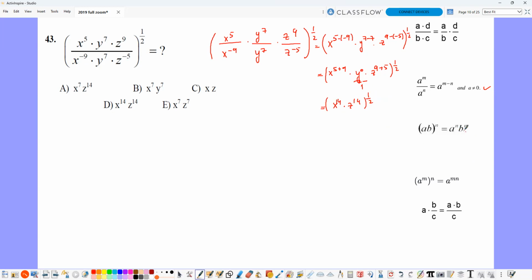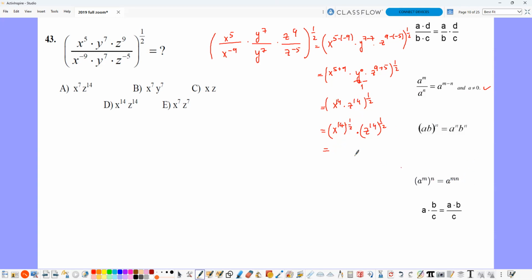And now we are going to use this property. If you have multiplication inside, you can distribute the power inside, to each of them, which is x to the power of 14 to the power of 1 over 2 times z to the power of 14 to the power of 1 over 2. Here the power of a power is the multiplication of powers.